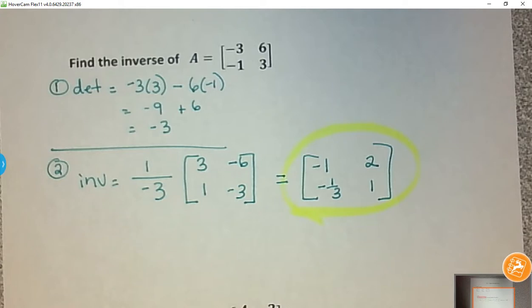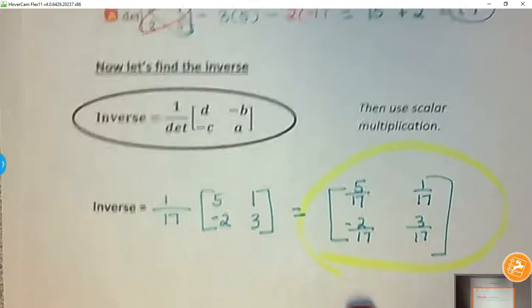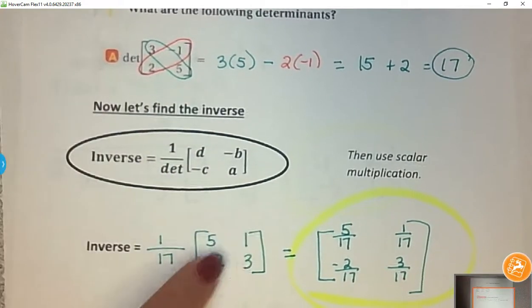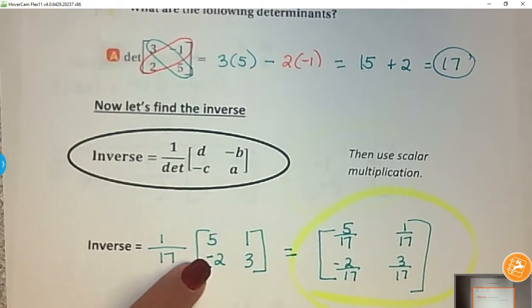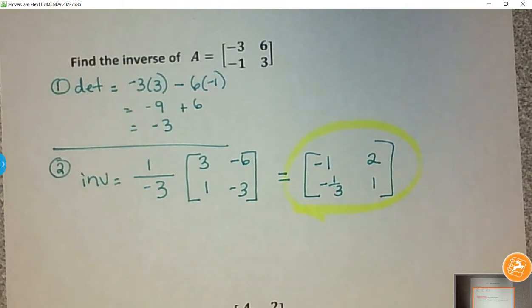So you didn't switch -6 and 1, but in the previous example, you switched the 2 and the -1 and then changed the sign. Yeah, no, I left those where they were and changed them. Yeah, that's okay. All right, questions on this one?